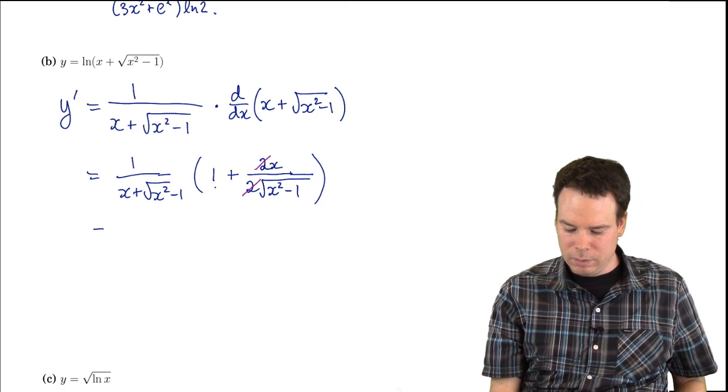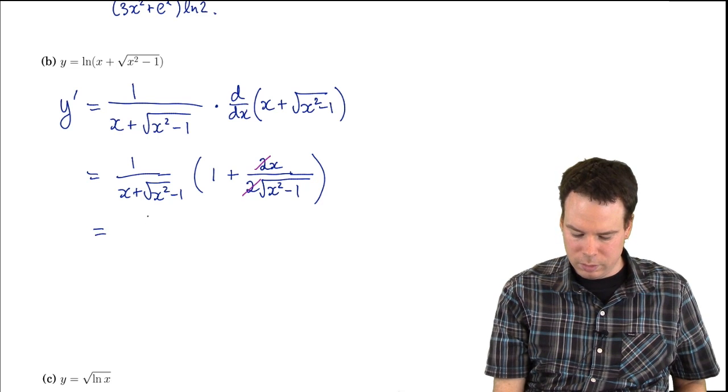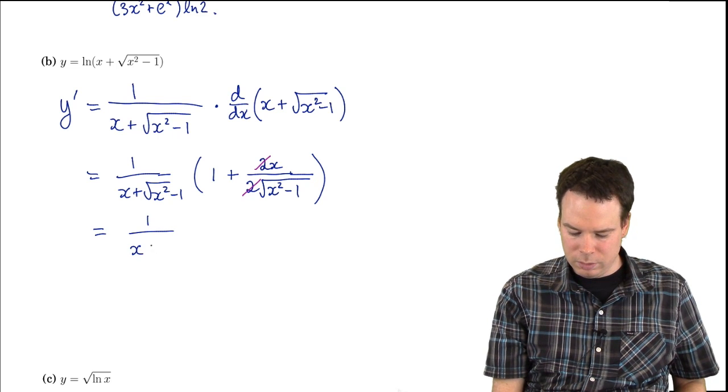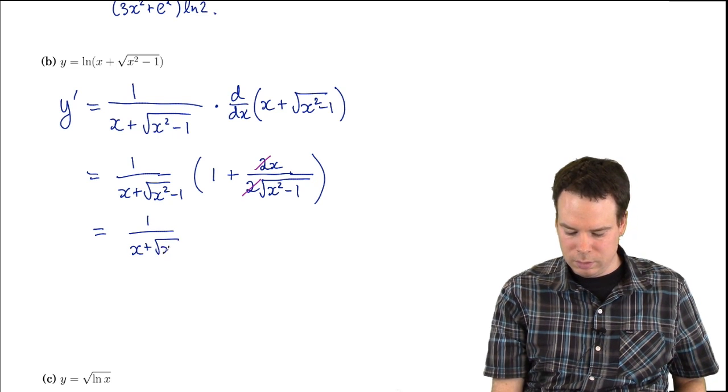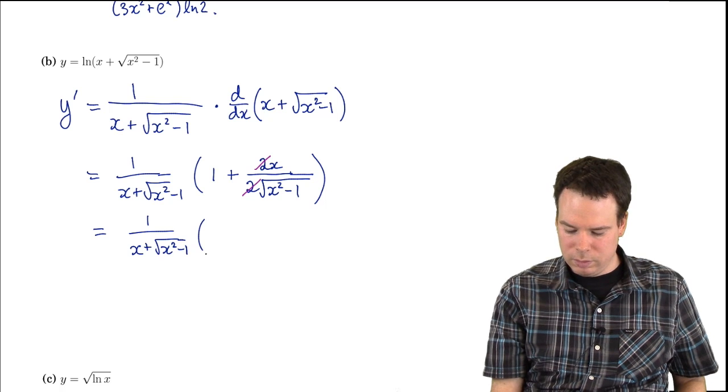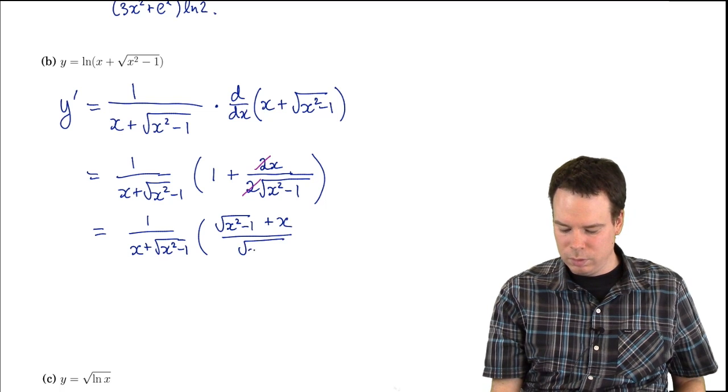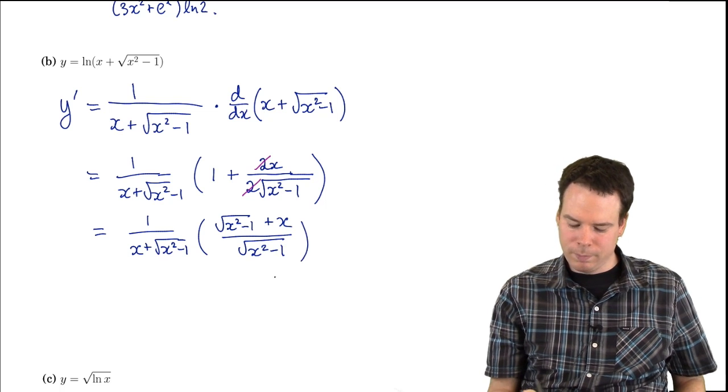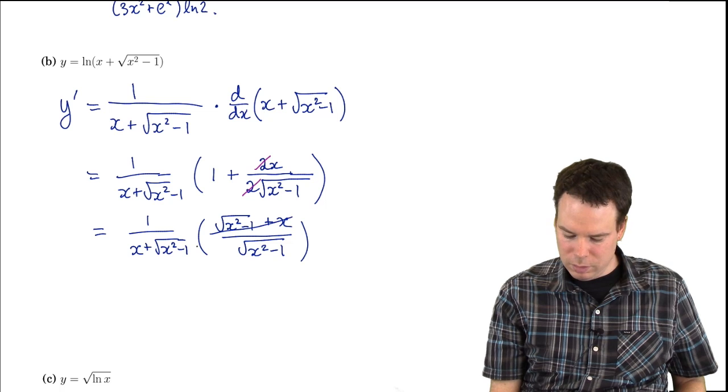and we can put this expression over a common denominator. So this would be square root of x squared minus 1 plus x all over square root of x squared minus 1. Oh, and that's convenient.